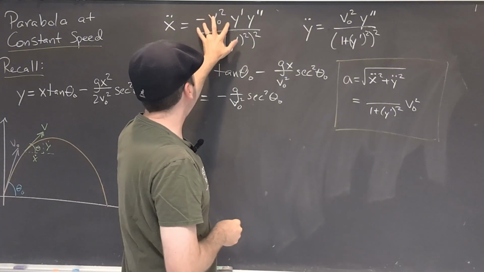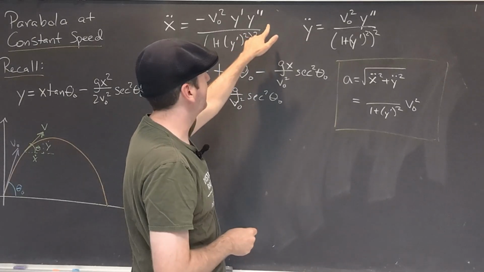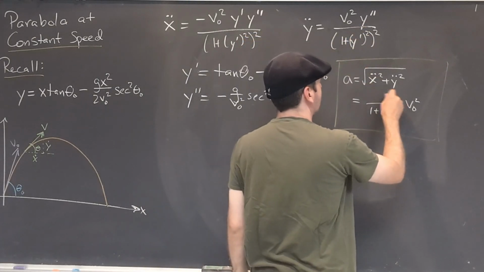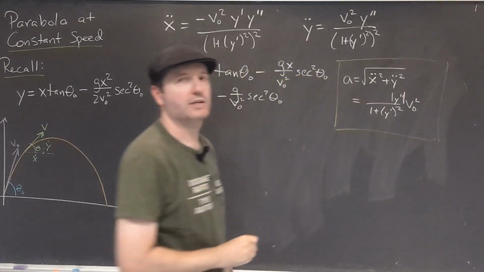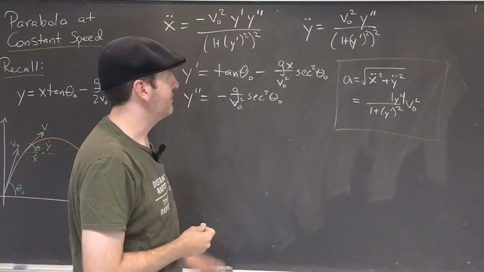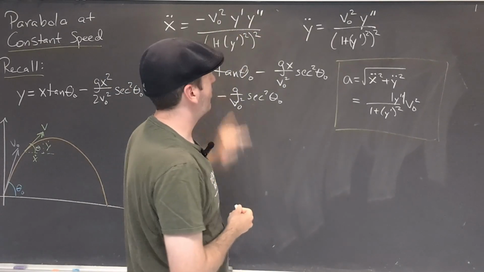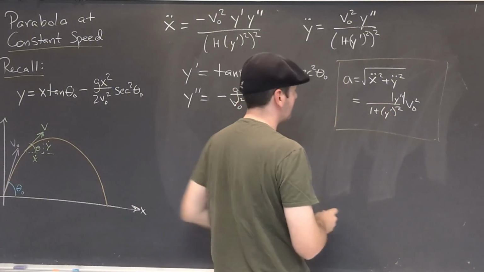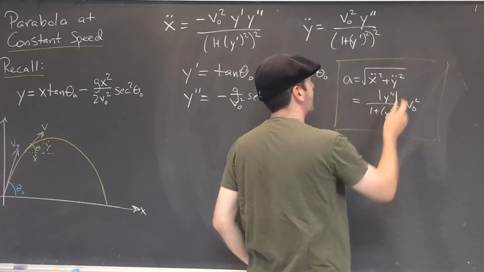And then this will become 1 plus y prime squared, y double prime squared. This will become a y double prime squared. So let's leave it as a magnitude of y double prime, just because we do know it's actually negative in this case. And then the 1 plus y prime squared will partially simplify with this. Maybe I'll even just leave the y double prime here.